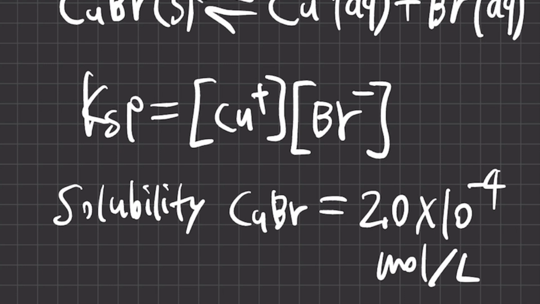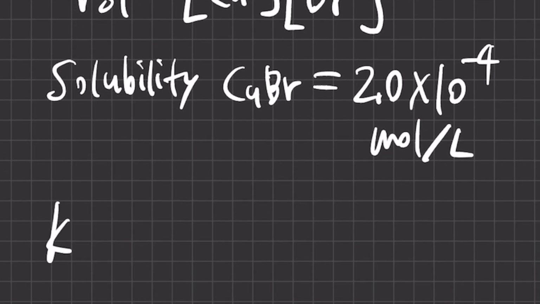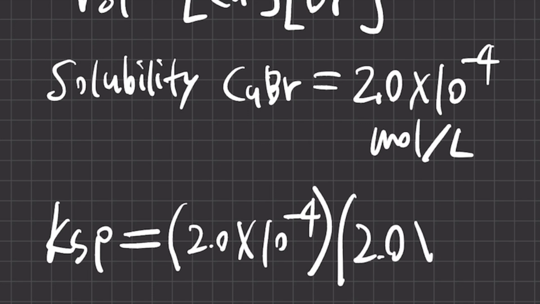Then, as the copper bromide is dissolved in the solution, 2.0 times 10 to the power of -4 mole of copper ion and bromine ions are formed. So which means KSP can turn into 2.0 times 10 to the power of -4 times the same thing.